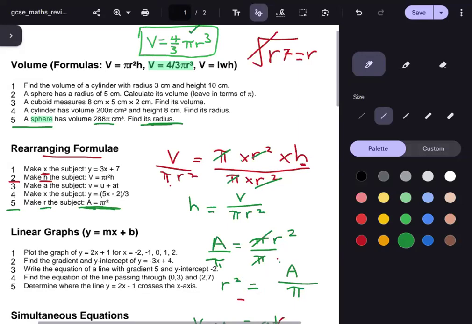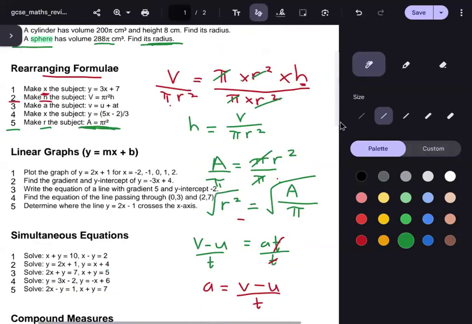Square root. Yes, we square root it like I did on the top here. So whenever something is squared, we square root it, and the square root and the square will cancel out with each other. So we're going to square root both sides. And then we have our formula.